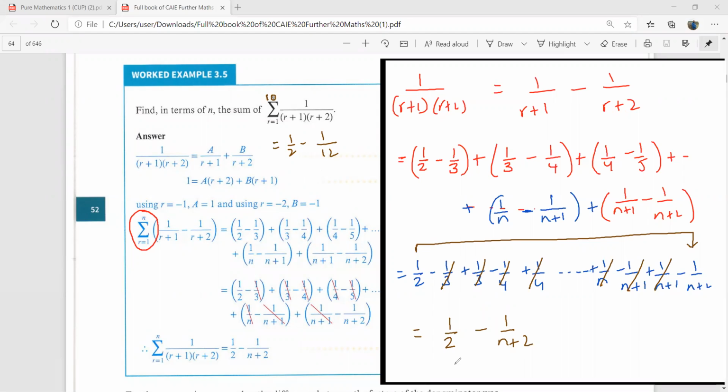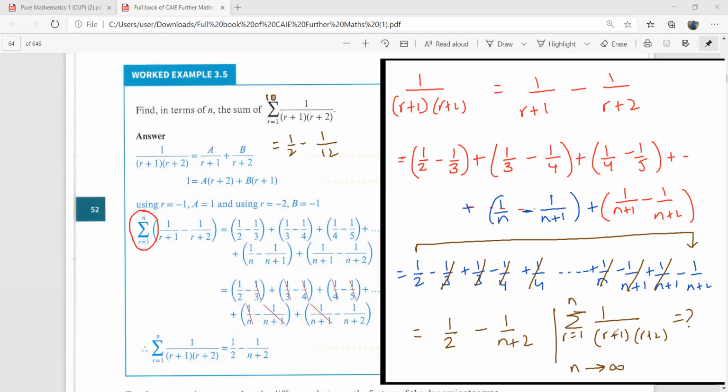Mostly at the end of this, the question asked is: what is the value of the sum from r equals 1 to n of 1 over (r plus 1)(r plus 2) when n tends to infinity? It would be 1 over 2.